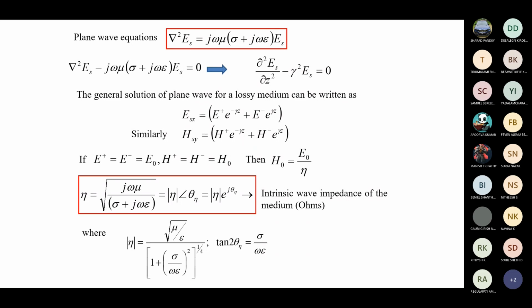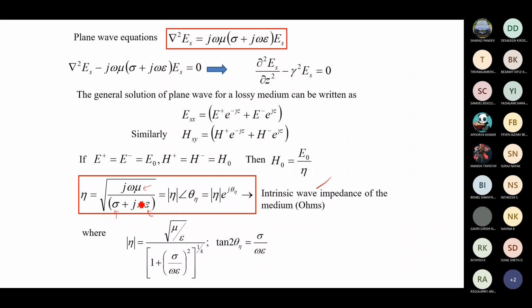That is described by the ratio we refer to as the wave impedance, or the intrinsic wave impedance of the given medium. It is purely described by three fundamental quantities: sigma, epsilon, and mu.